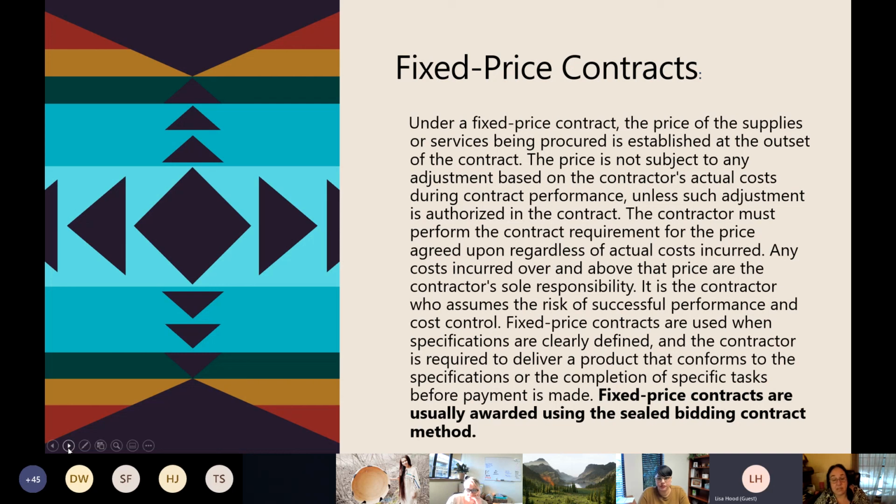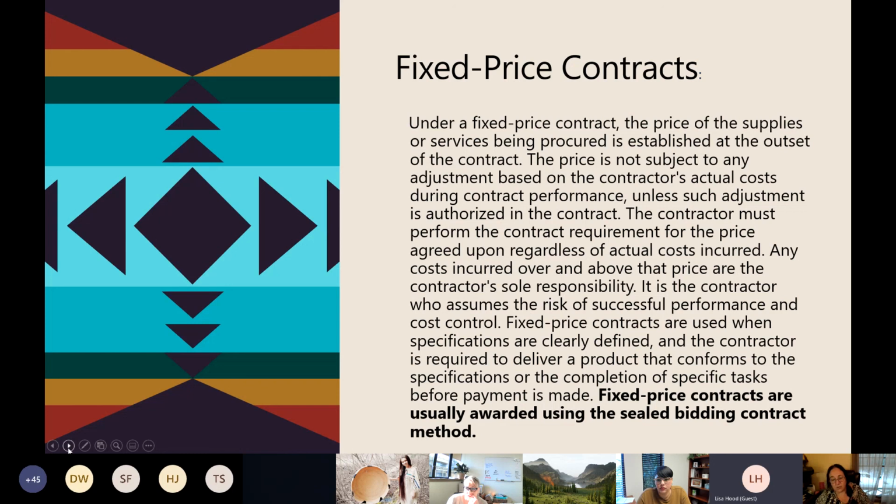The price is not subject to any adjustments based on the contractor's actual cost during contract performance, unless such adjustment is authorized within that contract. The contractor must perform the contract requirements for the price agreed upon, regardless of actual cost incurred. Any cost incurred over and above that price is the contractor's sole responsibility.